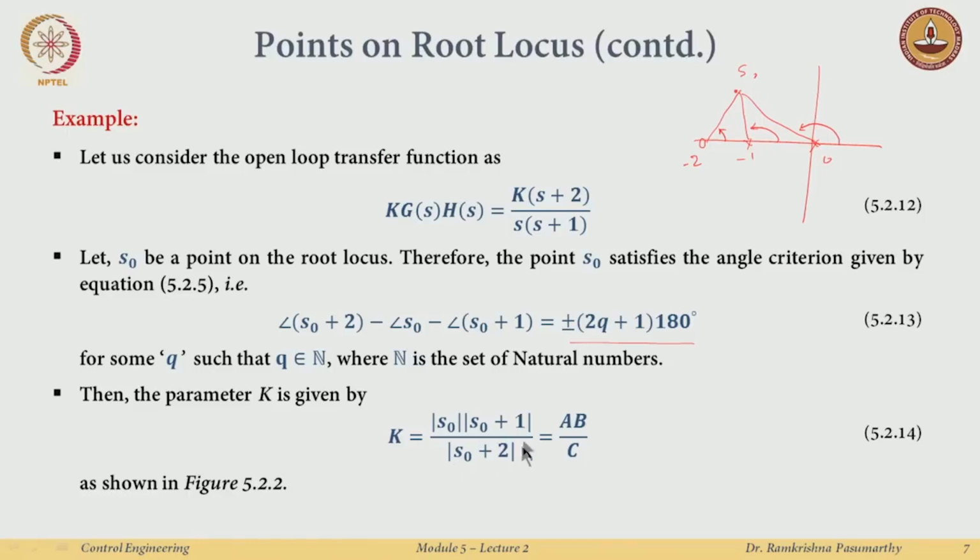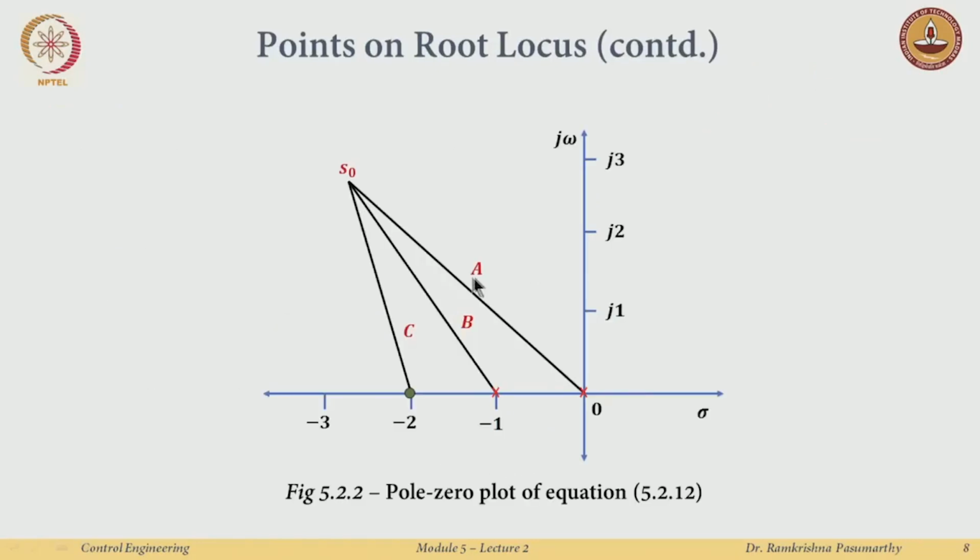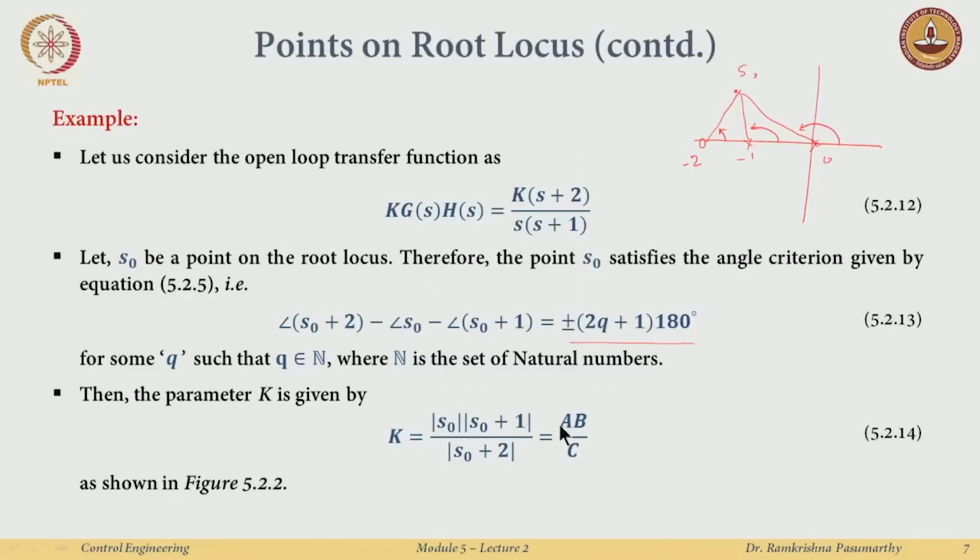This is what the picture says. If I draw it, A would be the distance of this pole from the point which I am testing for being on the root locus. Similarly, for the other pole it is B, and C for the zero.